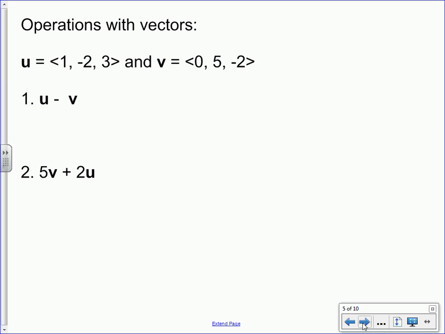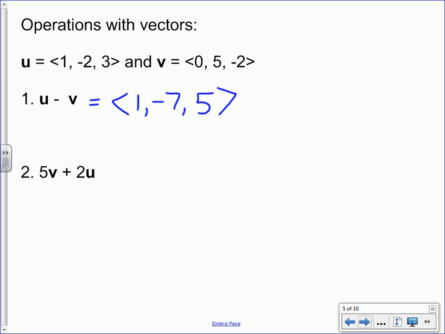So we subtract like components. The x's, subtract them, the y's, subtract them. So if we're taking u minus v, then what would our x component be? Our y component? And because we're subtracting, -2 minus 5. Oh, yeah. Okay. And then our z's. 5 because that's 3 minus negative 2.